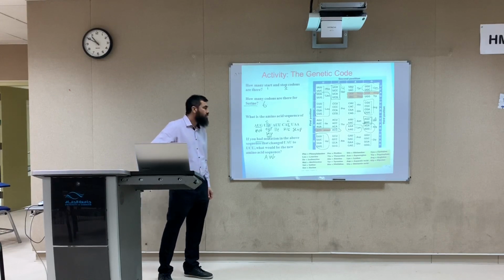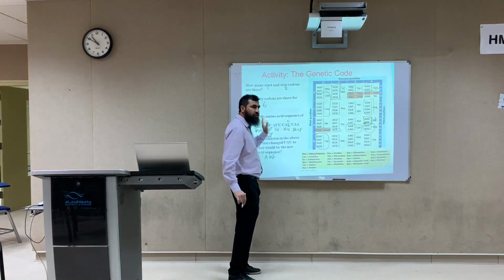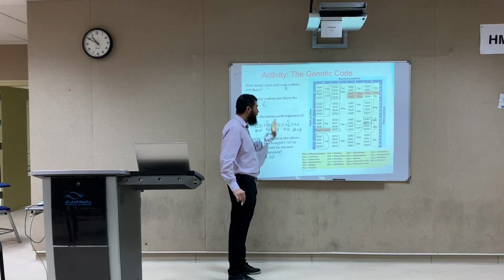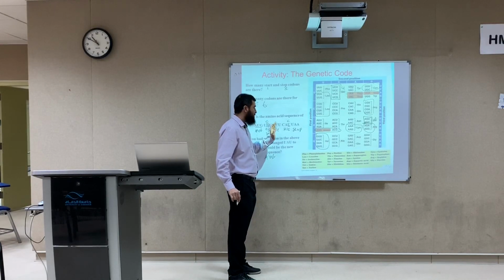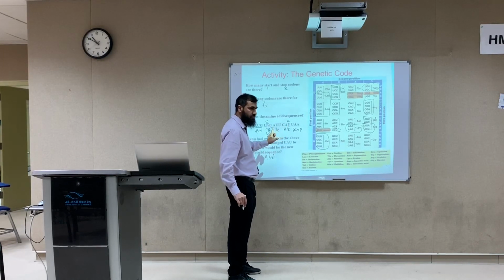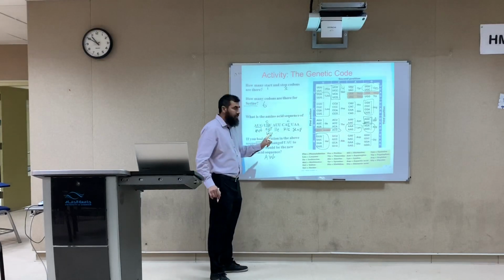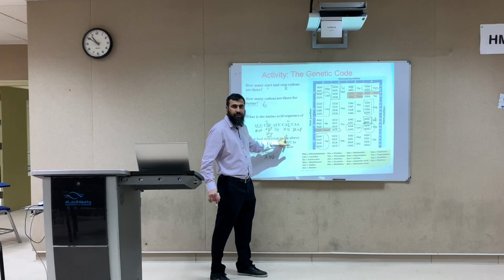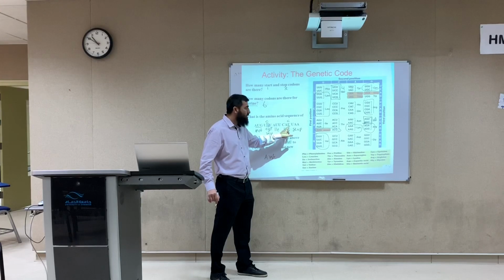No. So some mutations change the amino acid sequence while others don't. So this is a silent mutation. It doesn't affect the end product. There is a mutation, but it didn't affect the amino acid sequence. We will have the same amino acid sequence, even though the DNA has changed, okay? It had no effect on the amino acid.